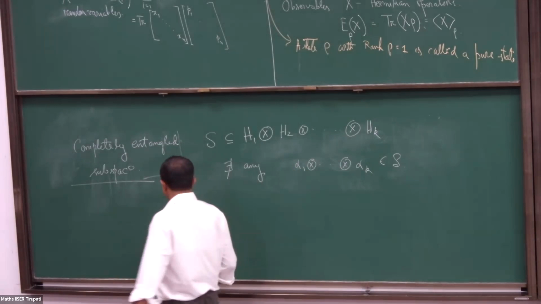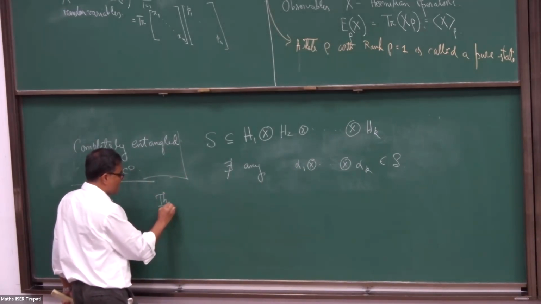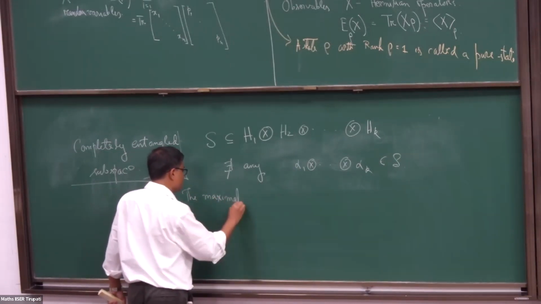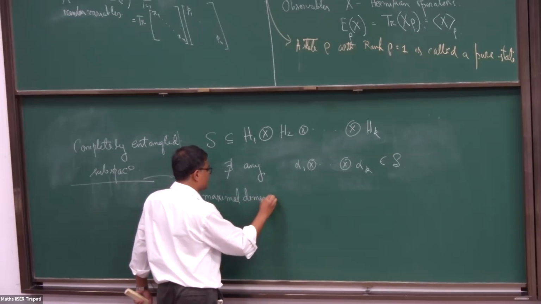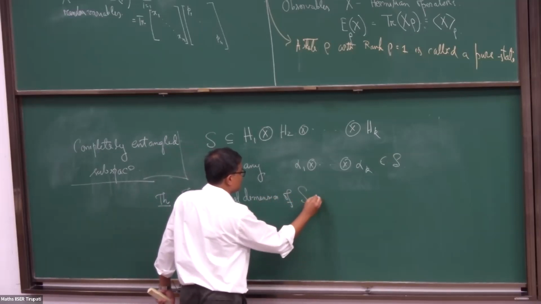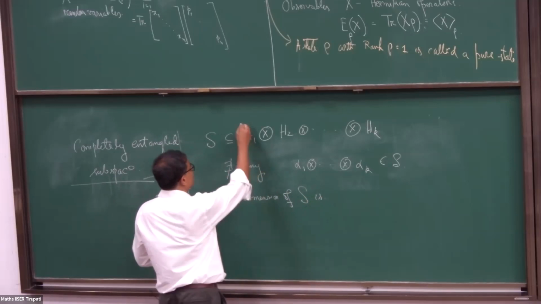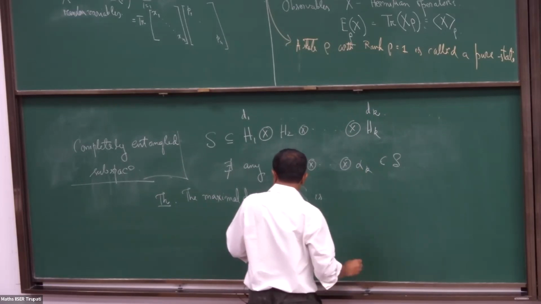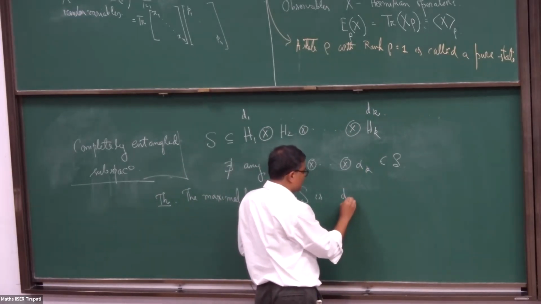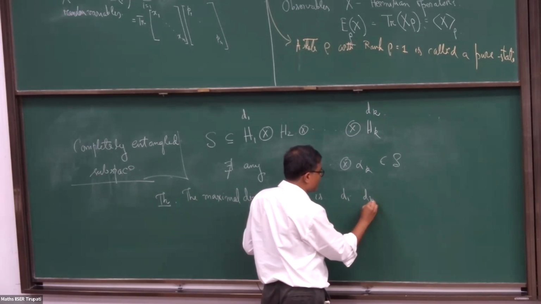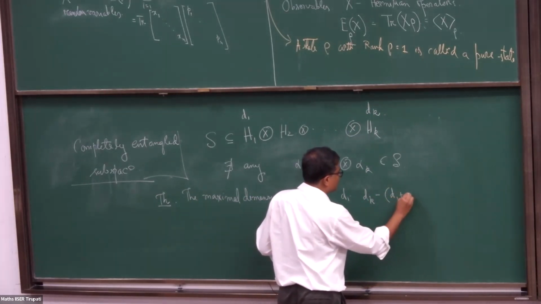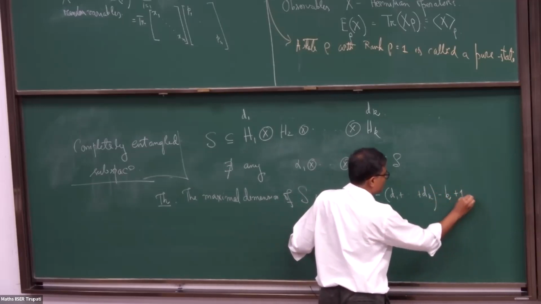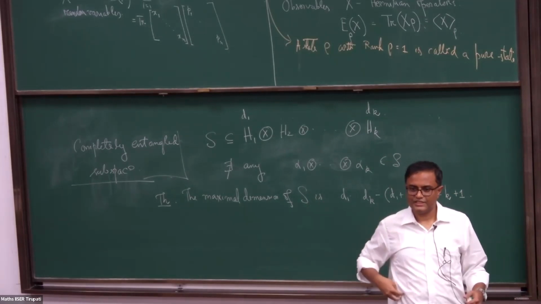The theorem is the following: the maximal dimension of S, assuming the spaces are of dimensions d1, d2, etcetera up to dk, is d1 times d2 times etcetera up to dk, minus (d1 plus etcetera plus dk minus k plus 1). This is the maximal dimension.